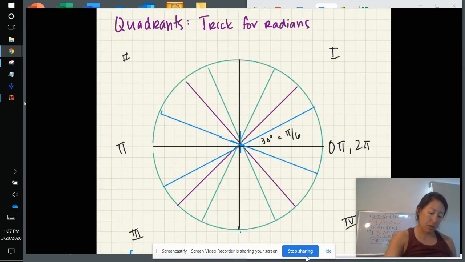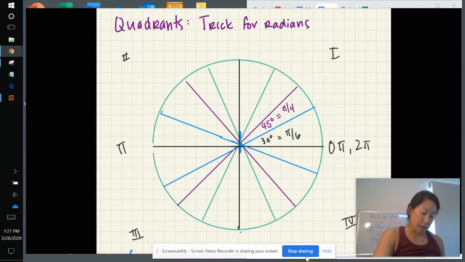How many purple angles, 1, 2, 3, 4, are there in 180 degrees? So the purple right here, from the terminal side to the x-axis, is 45 degrees. There are 4 of those in the top half of the circle, or in 180 degrees. So this is pi over 4.